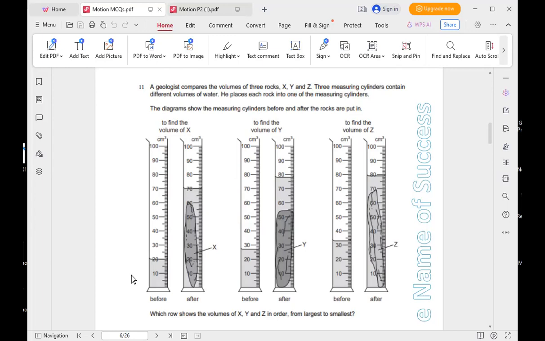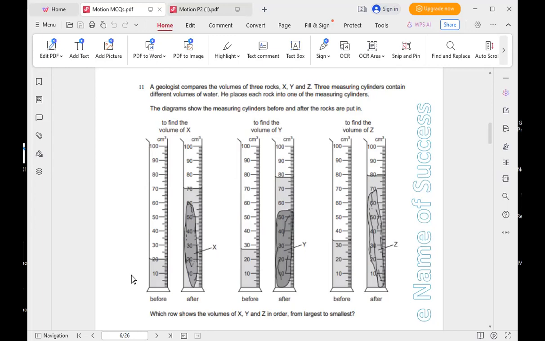Then how do we calculate the volume? We subtract the before result from the after result. Meaning X: 70 minus 20, it's 50. And Y is 78 minus 27.